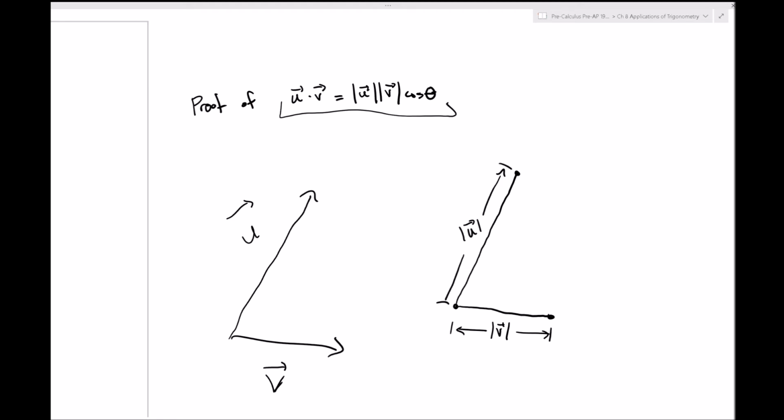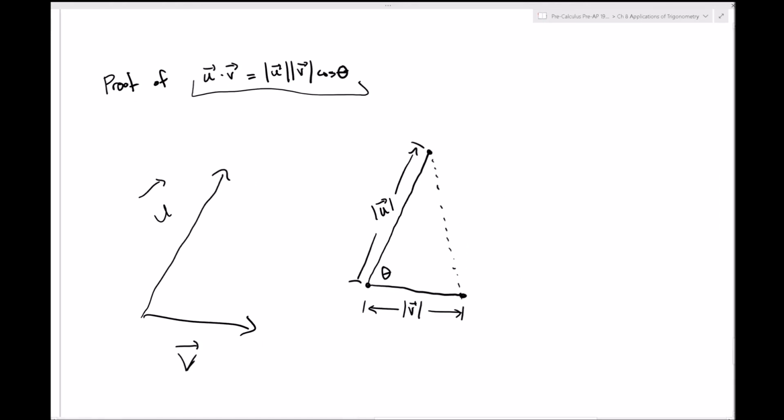So I'd like to come up with an expression for U dot V. And there's probably a way to do it. Now, from what I remember, in this case, we want the angle theta in between the two. So I want to find an expression for the cosine of that angle. That's a triangle. We have an included angle, and then two sides that include that angle.